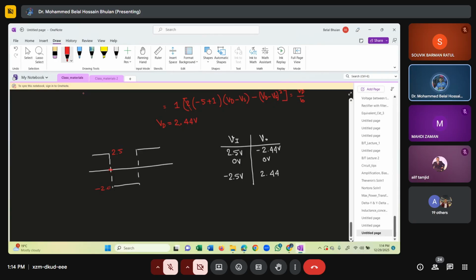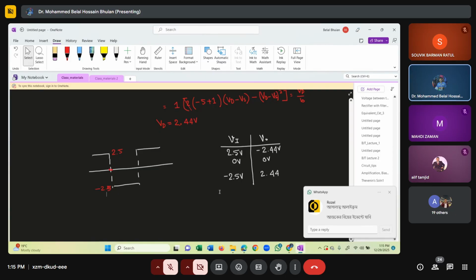So for input, the output will be the corresponding opposite. So that is how we can implement an inverter using a circuit.